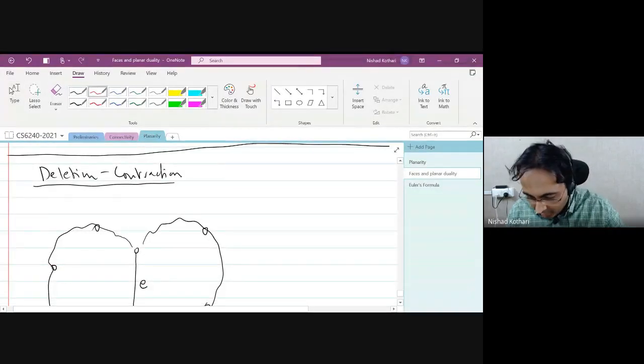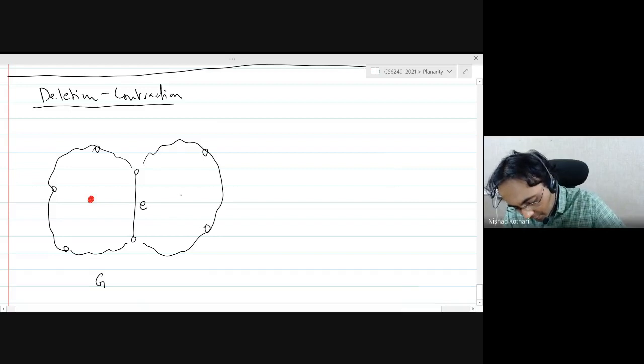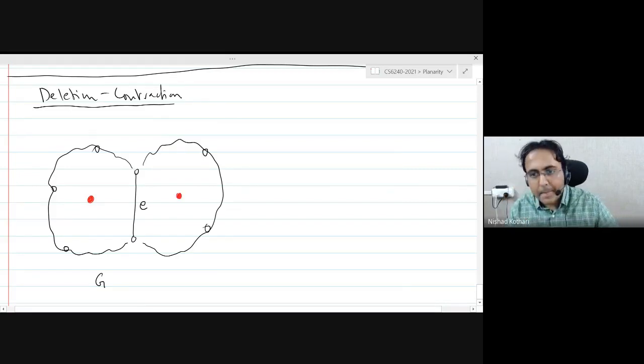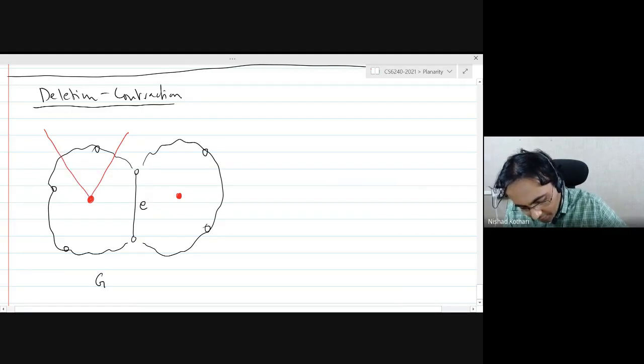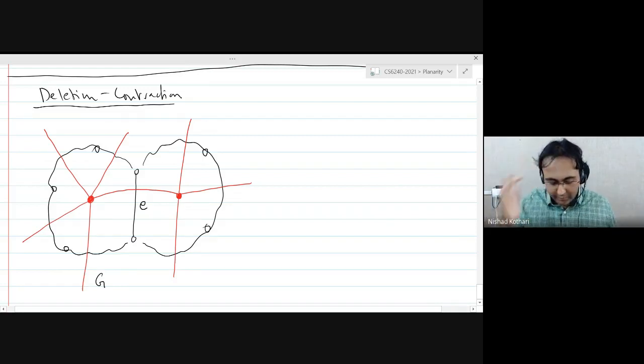So of course, this is part of a big plane graph. So in the dual, we will have a vertex here. We will have a vertex here corresponding to this face. And the edges will go out like this, right? So think of each of these segments as one edge. In fact, there was no real need to draw wavy lines. I could have very well made non-wavy lines. Doesn't matter. Okay.